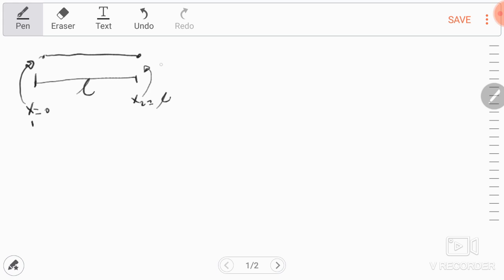And here we have the x direction to show you, because I'm going on the x direction, and this element has two nodes, and it's a bar element, and also it's 1D.